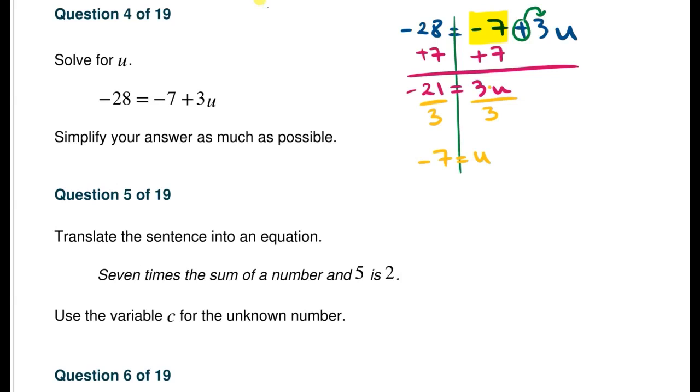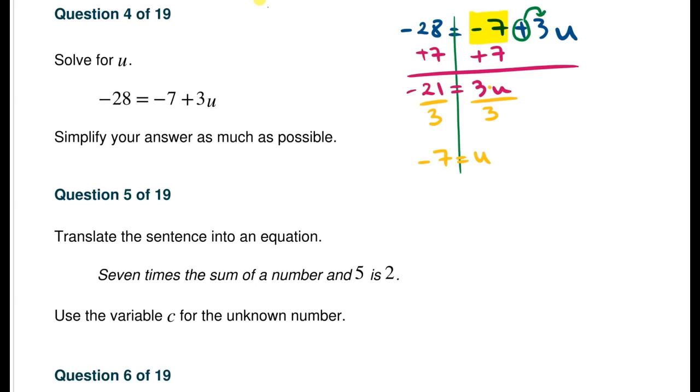Number 5: 7 times the sum, so something in a group of addition, of a number and 5. That will be the addition of x plus 5, equal to 2. Okay, we're going to take this on the side and solve for x.